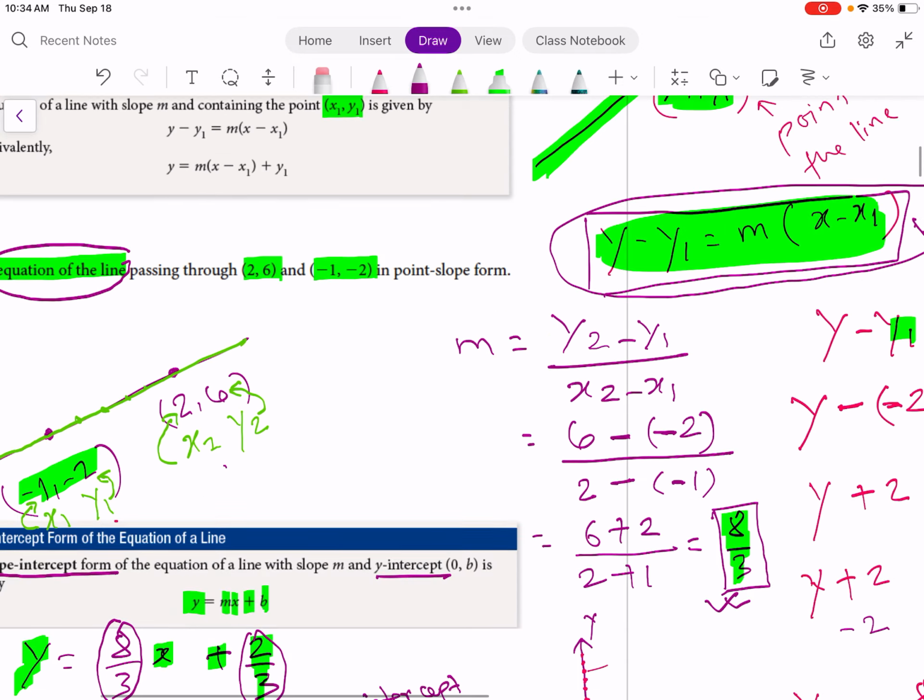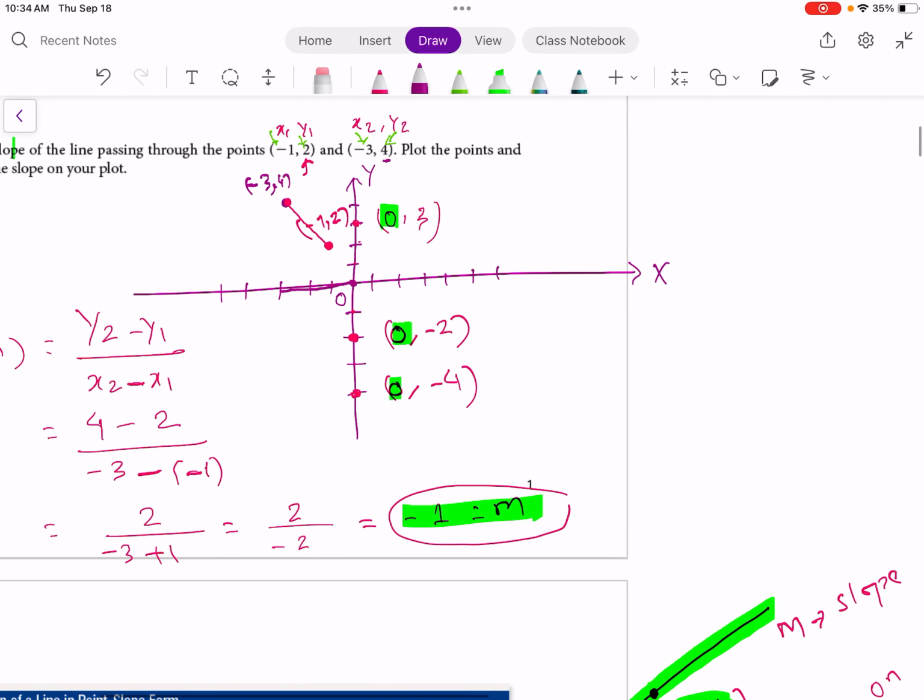Now if we go back here, let's find the coordinate of this point. Our x is 1, 2, 3, 4, 5, 6, so x is 6, y is 0. For this point, x is 1, 2, y is 0. For this point, x is -1, -2, -3, y is 0.